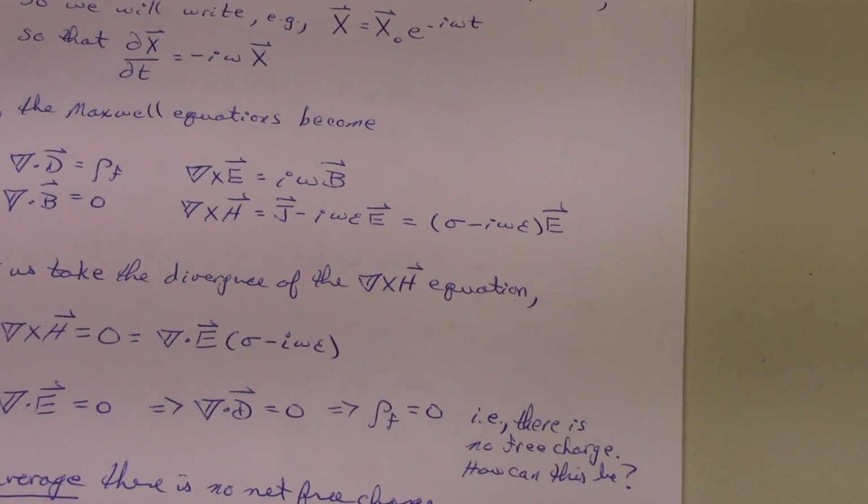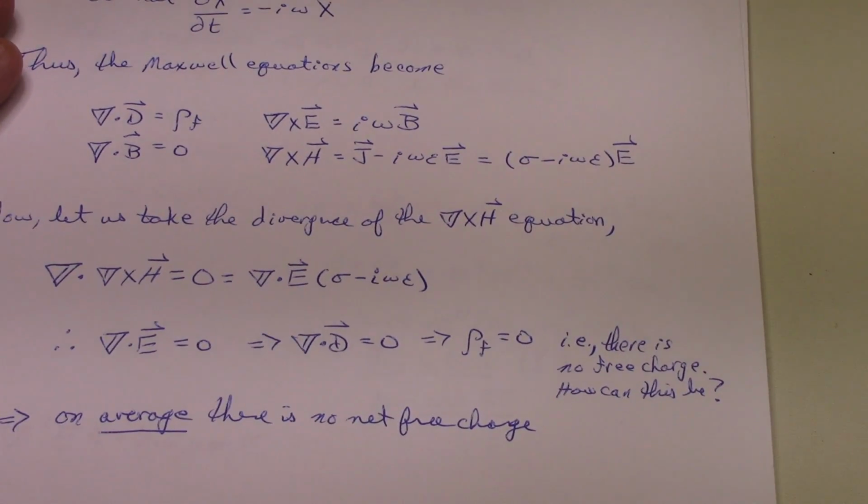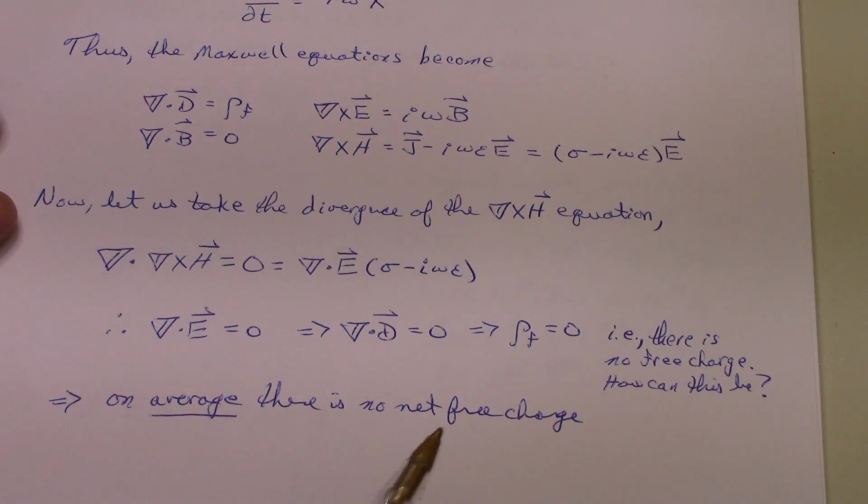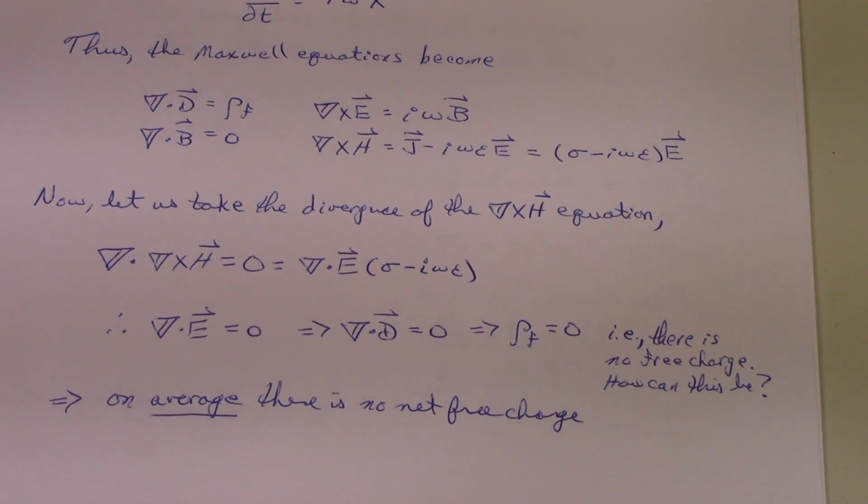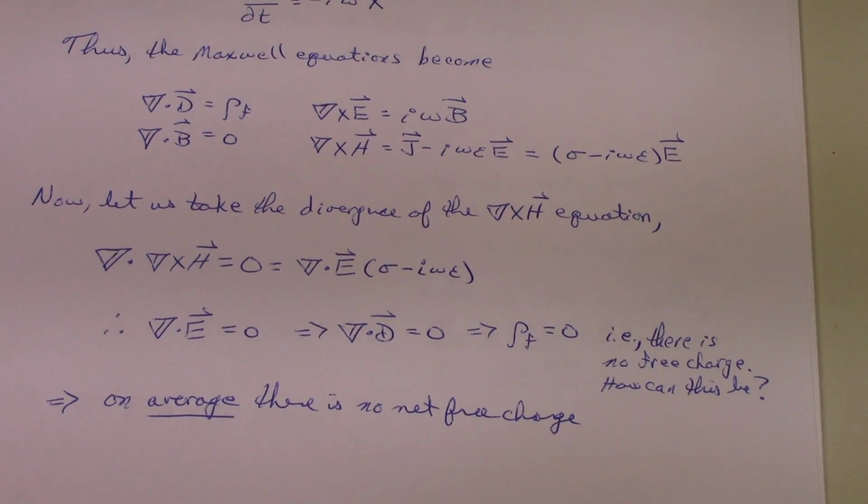That sounds a little crazy until you realize that on average there's no net free charge: the charges responsible for conduction drift along at some small drift velocity, and they have a very short mean free path before they cease to be free, and they will either scatter off other electrons or off ions in the conductive lattice.